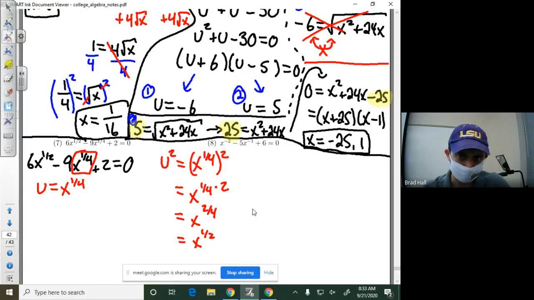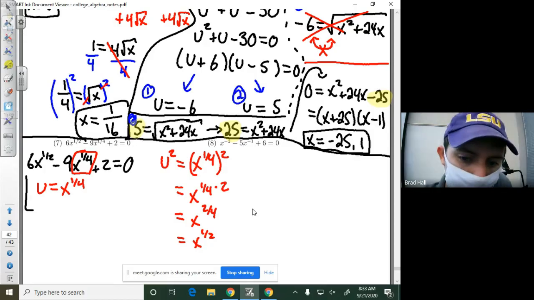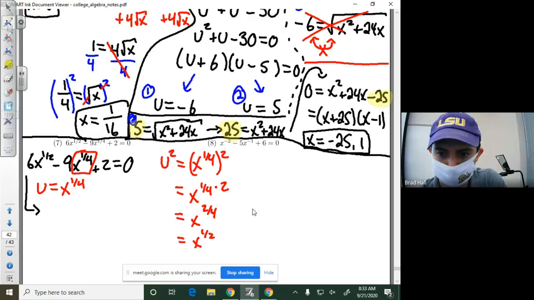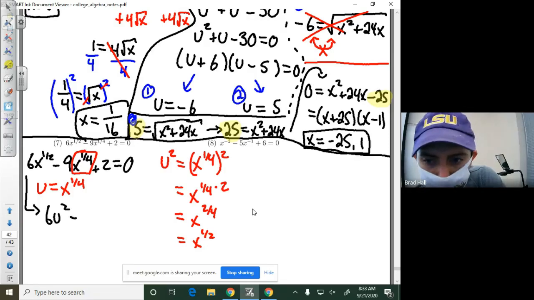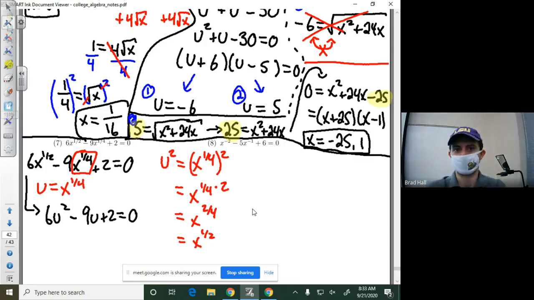So we have u and u squared, and we can plug those in accordingly. That's 6u squared minus 9u plus 2 is equal to 0. Generally, it'll work out nicely like that for the majority of the problems: whatever you pick for u, the other one's probably going to be u squared.